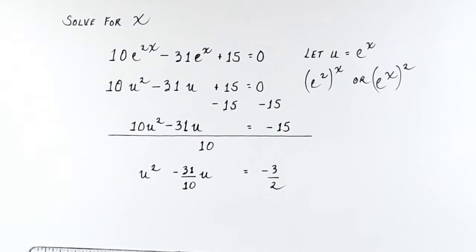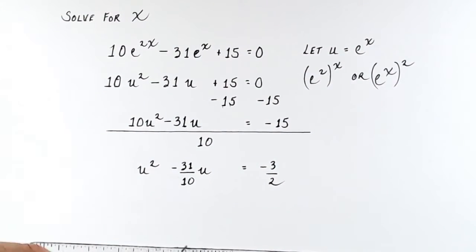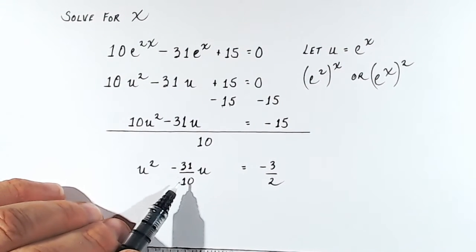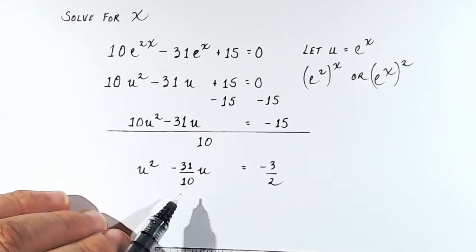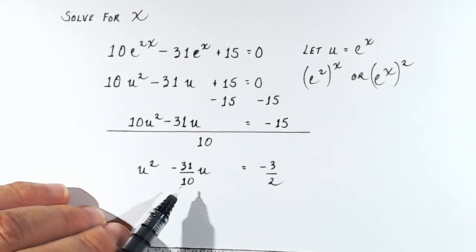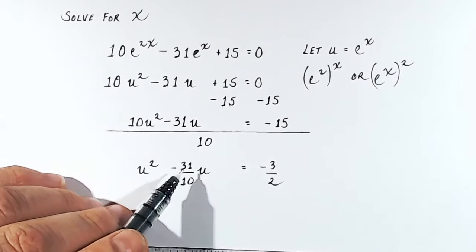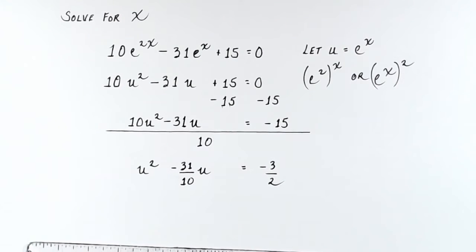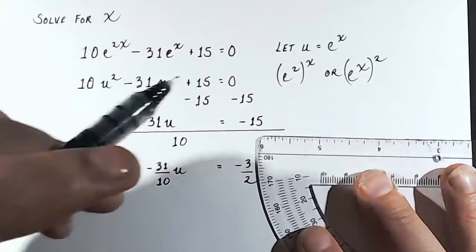Now when we complete the square, we have to take half the middle coefficient, which is negative 31 over 10, times 1/2, and then we have to square it. Over here in side work, I'll show you what I'm talking about.